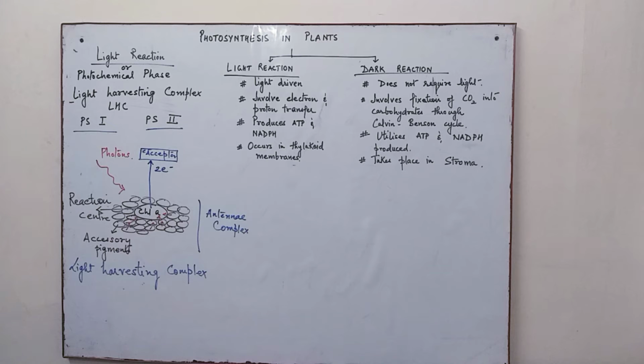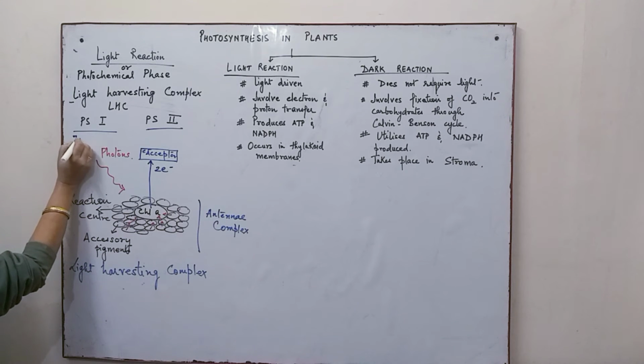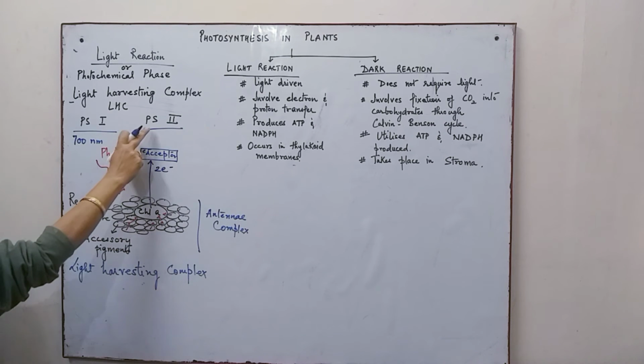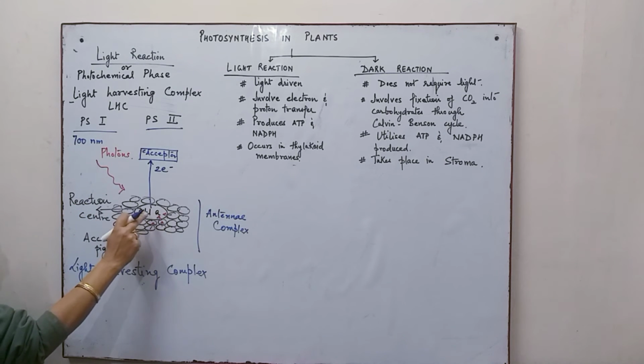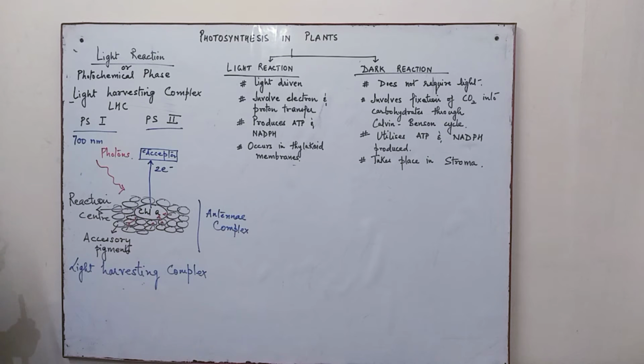PS1 is photosystem 1 and PS2 is photosystem 2. In photosystem 1, the reaction center, that is chlorophyll A, absorbs light of wavelength 700 nanometers, whereas in PS2, the chlorophyll A, in both the cases, the reaction center will remain the same.